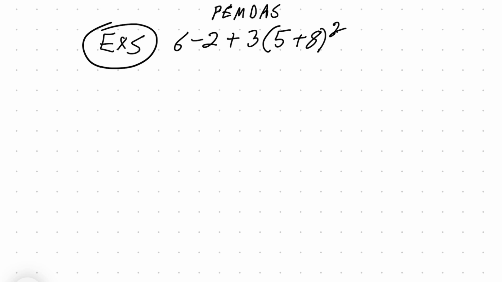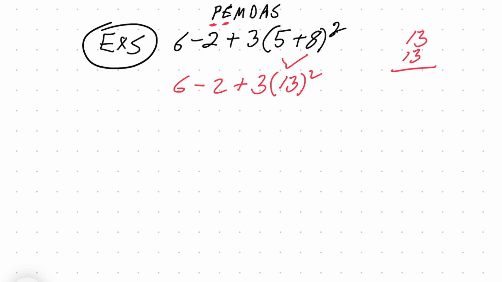Okay, so you go through the steps. Do we have parentheses? Yes, we do. The 5 plus 8, which is 13. You need to keep the parentheses here because you need to still raise that to the second power. So don't remove the parentheses. Do we have exponents? Yes, we do. The square. 13 squared means 13 times 13.